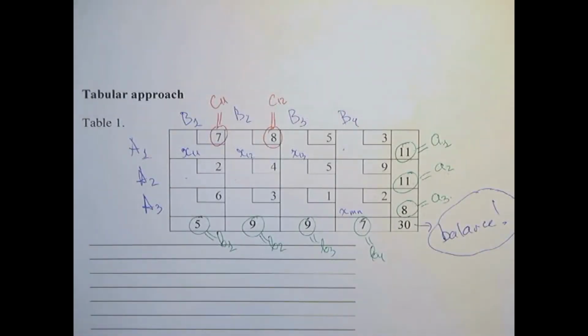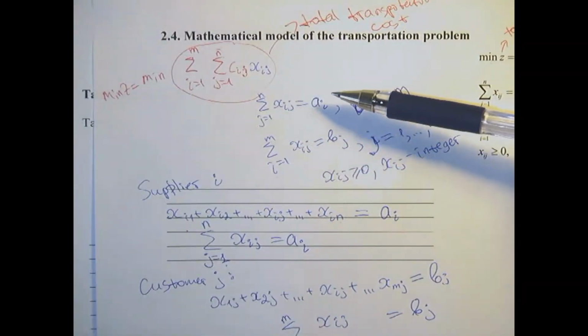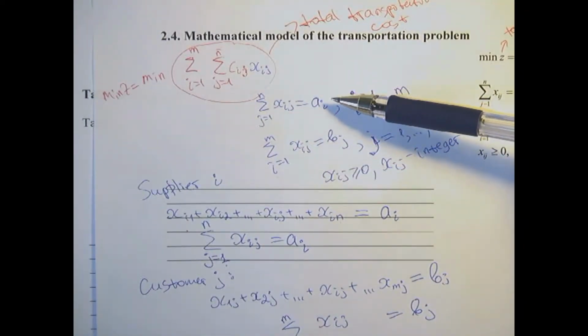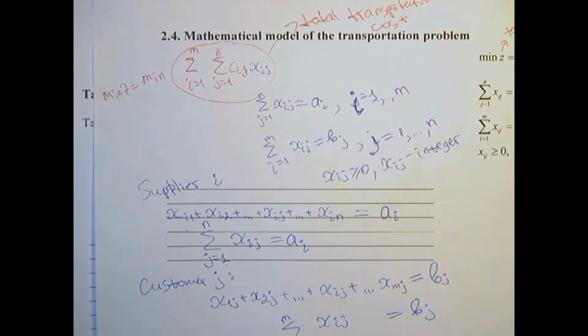But in many cases in practice, such a property of balance does not take place. For instance, we produce more in total than our customers need in total, or we produce less and there is a deficit. In this case we cannot use this mathematical model, because when we produce more than our customers need, we cannot guarantee such equalities, that we take all the units produced at each supplier.